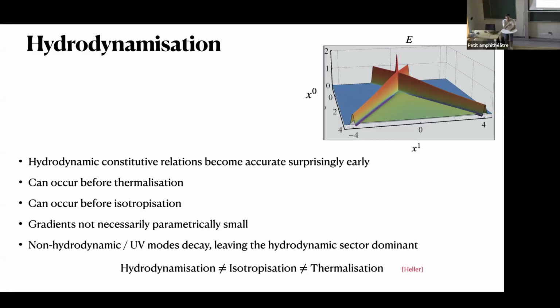No, you just look at its full evolution from doing the full holographic computation, and you just witness that you can also describe it, to some order, in hydrodynamics. That's why I'm confused about the distinction that's being made between hydrodynamization and thermalization, and exactly how it's being made in practice.